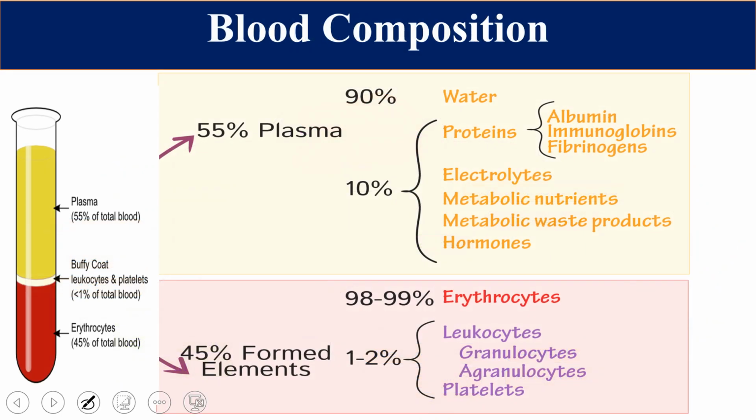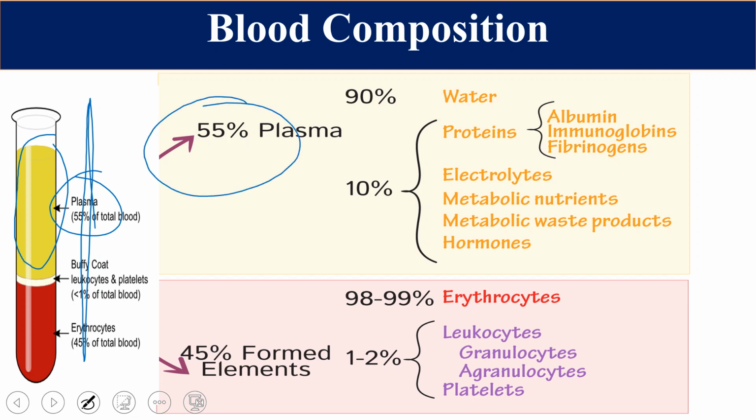If you centrifuge the blood with anticoagulants, we are going to get these types of components. On the top portion we have a straw yellow colored liquid portion that we call plasma. Its normal concentration is roughly 55% of the blood.